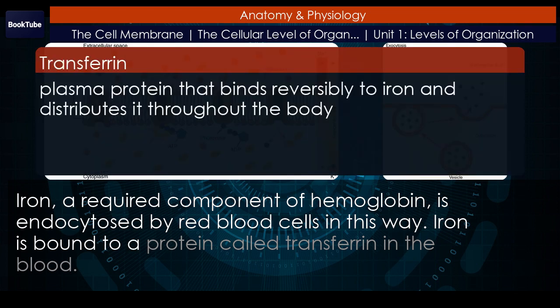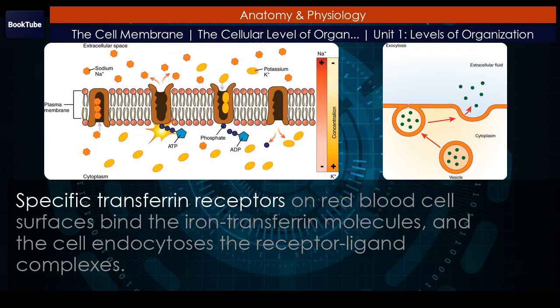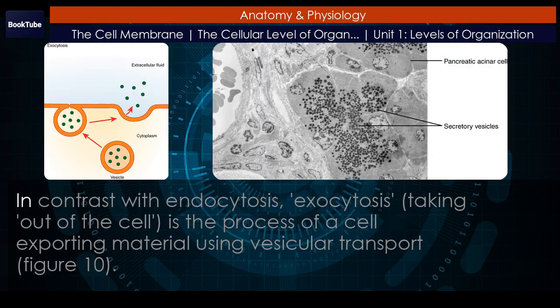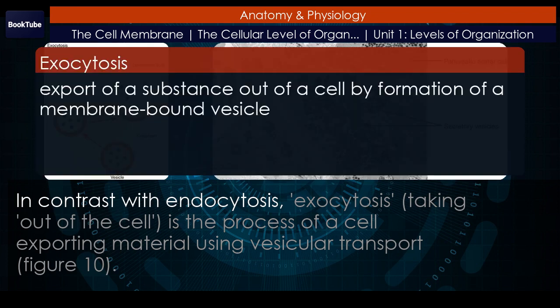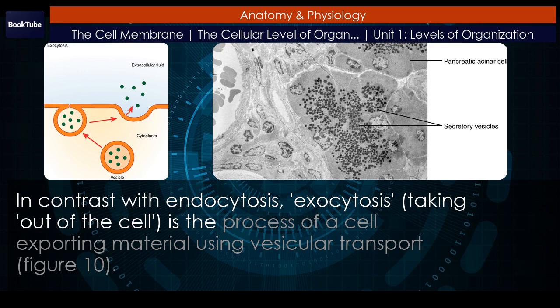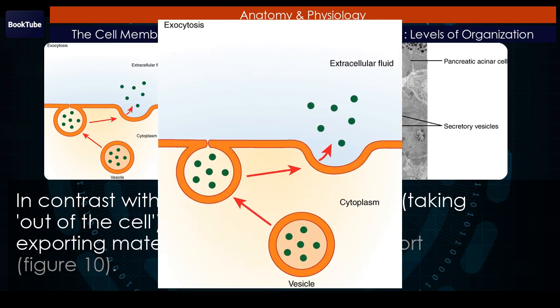Iron is bound to a protein called transferrin in the blood. Specific transferrin receptors on red blood cell surfaces bind the iron-transferrin molecules, and the cell endocytoses the receptor-ligand complexes. In contrast with endocytosis, exocytosis, taking out of the cell, is the process of a cell exporting material using vesicular transport.